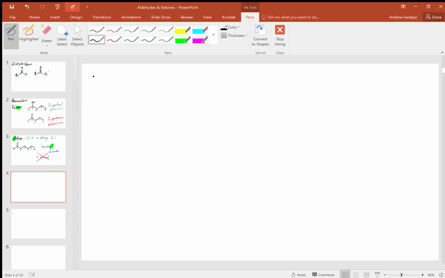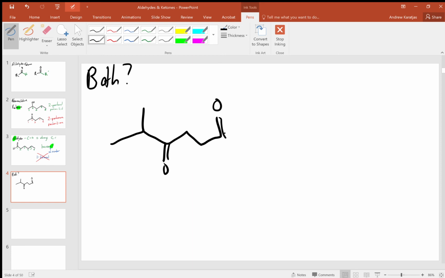So what if we have both a ketone and an aldehyde? If we have both, the aldehyde gets priority.